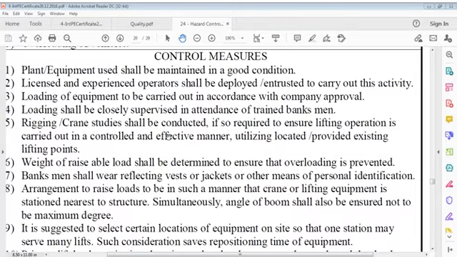Rigging crane studies shall be conducted if so required, to ensure lifting operations are carried out in a controlled and effective manner.